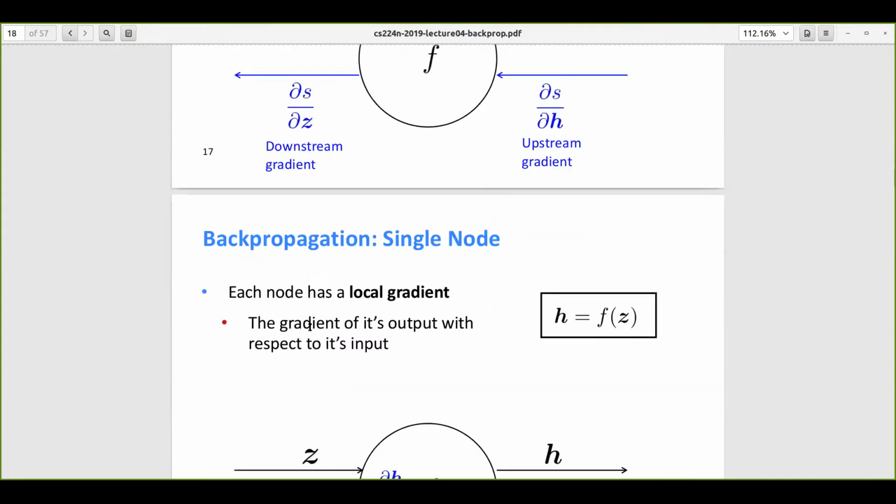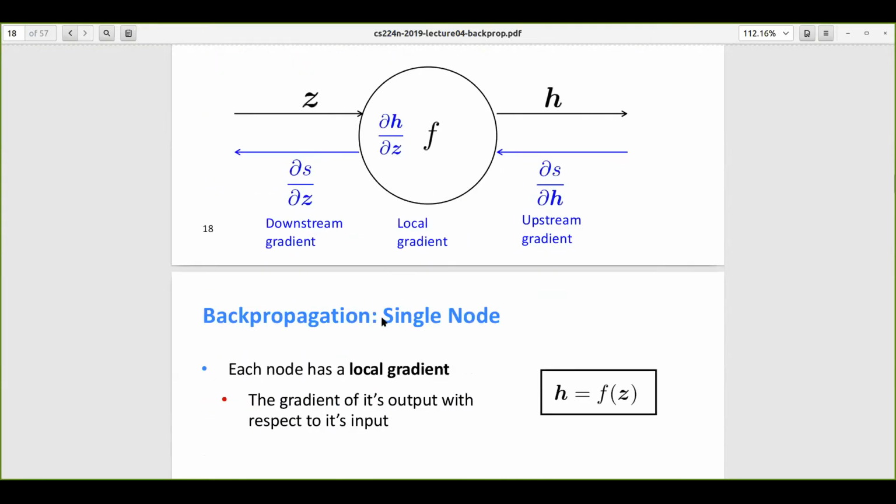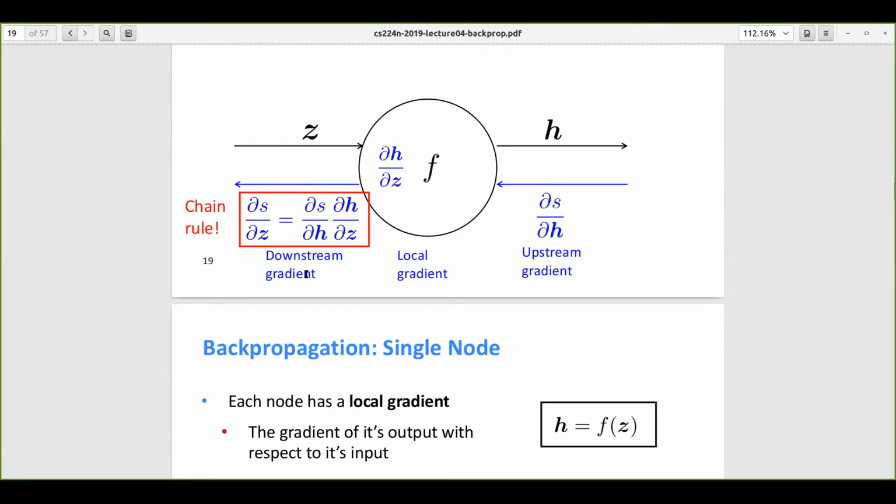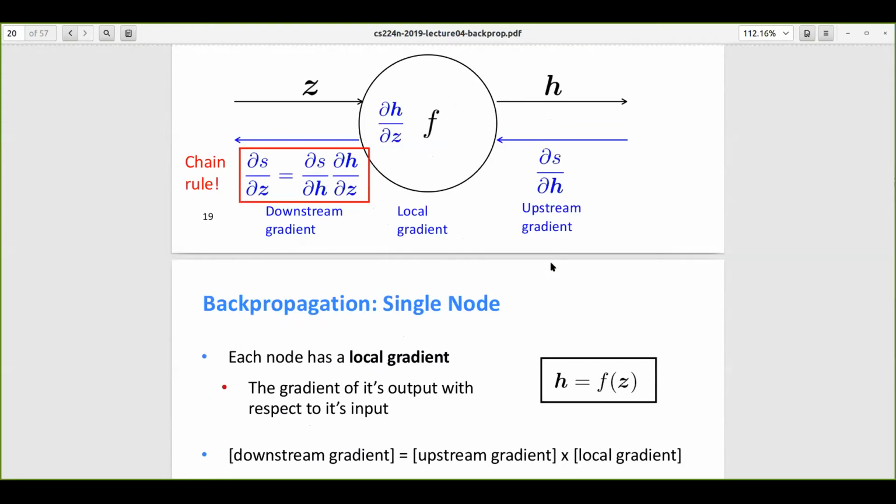Here we can see that the downstream gradient is nothing but the upstream gradient, dS by dh, into dh by dz. This is again what we see in the chain rule. So this is another way of interpreting the chain rule: the downstream gradient is the local gradient multiplied by the upstream gradient.